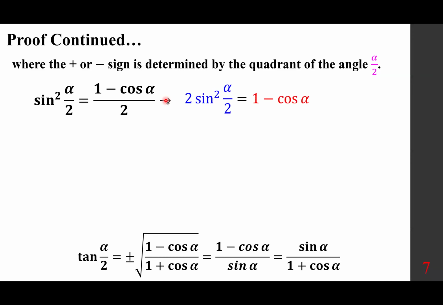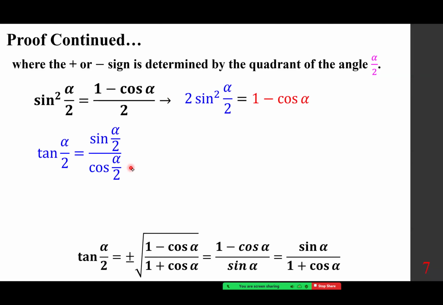Tan of alpha over 2 is sine over cosine. So I can say sine of alpha over 2 over cosine of alpha over 2. I can multiply the top and the bottom by the same thing. In this case, I choose to multiply by 2 sine alpha over 2, 2 sine alpha over 2.